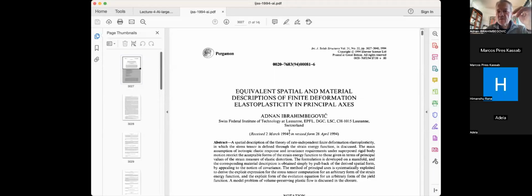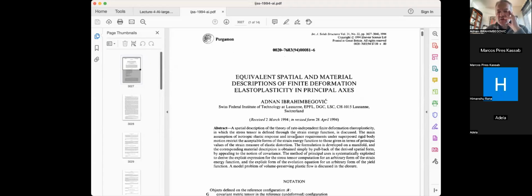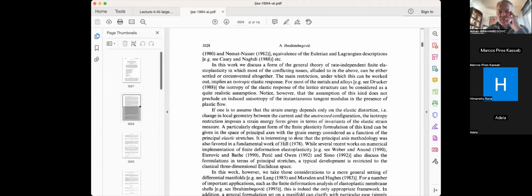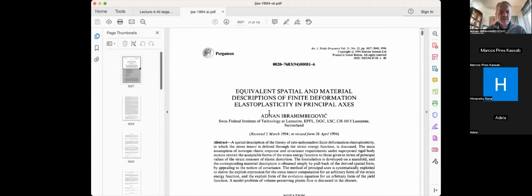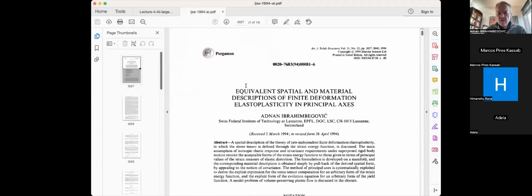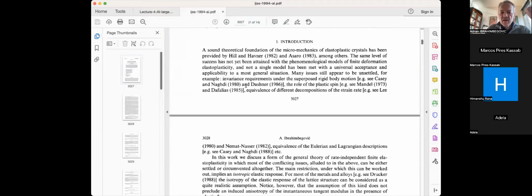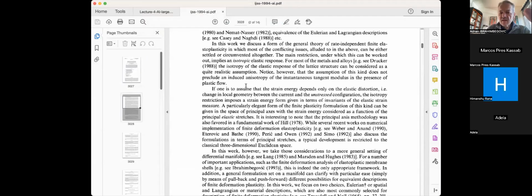So this is the one in Solids and Structures, equivalent spatial material description of finite deformation plasticity in principal axes. Unable to scroll.